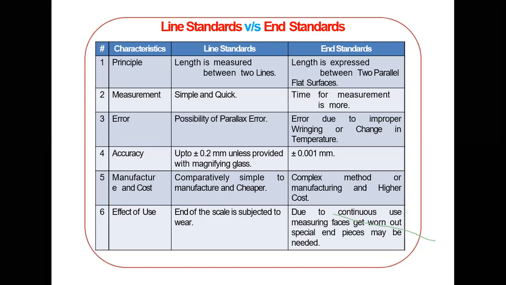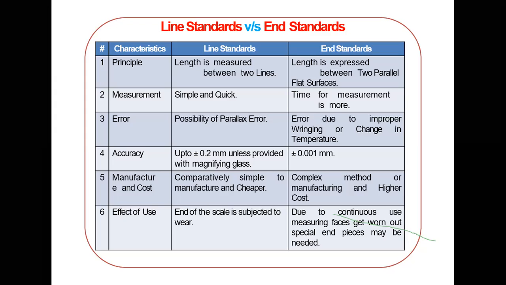That is the effect of scale. So the end of the scale is subjected to wear, that is the total deduction of the actual length. And in the end standard, it is due to the continuous use of the measurement faces, which get worn out.